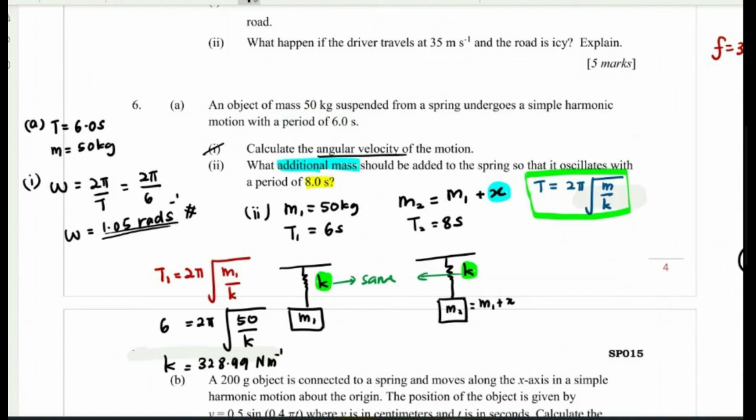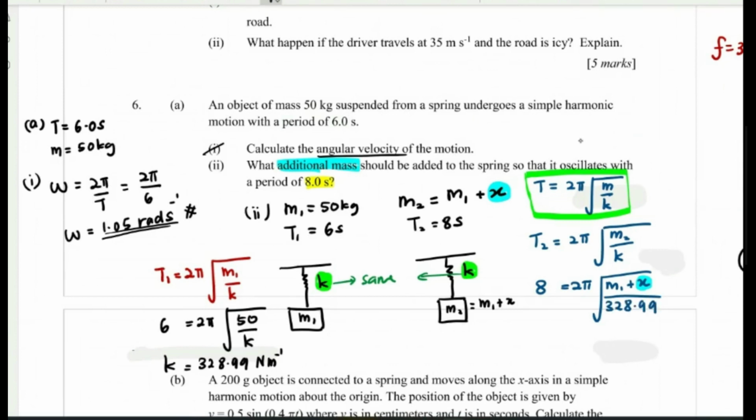And then you can proceed to the second part, which is T2. Okay. So T2 equal to 2 pi square root M2 over K. So T2 you can substitute 8 second. Square root. M2 adalah M1 plus X. Kan? So ini you nak cari X. Over K. K dia adalah 328.99.